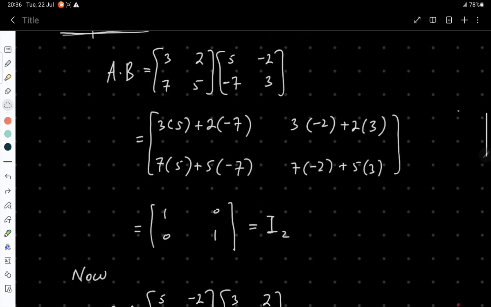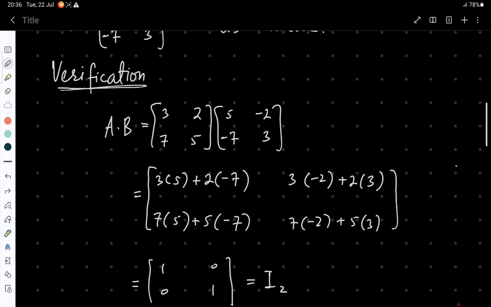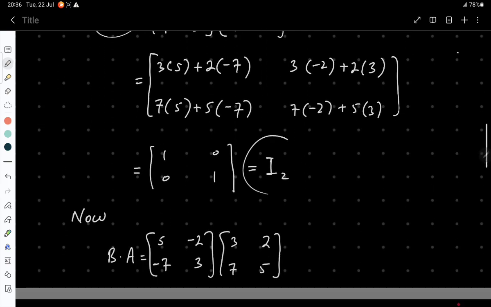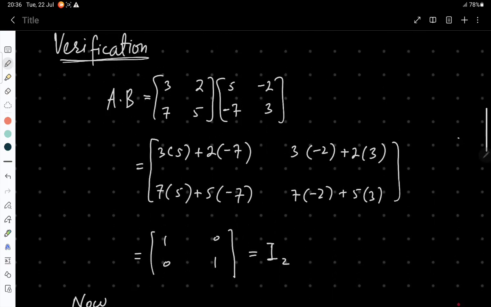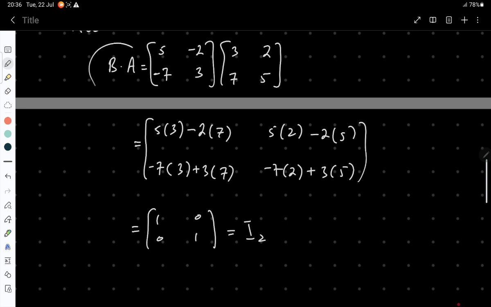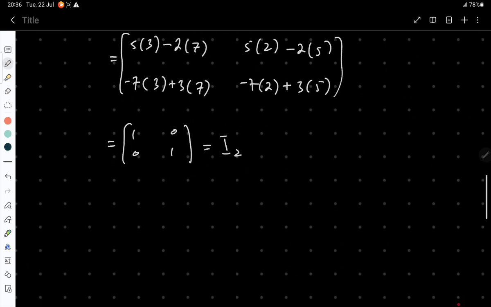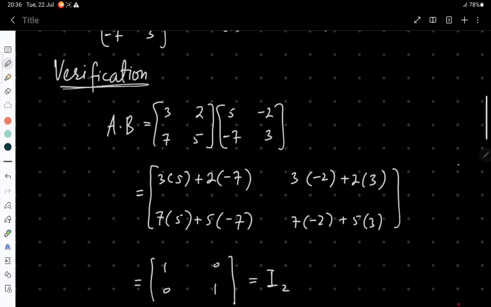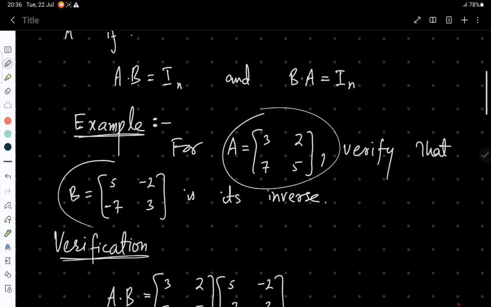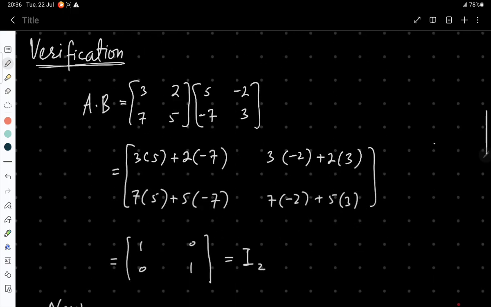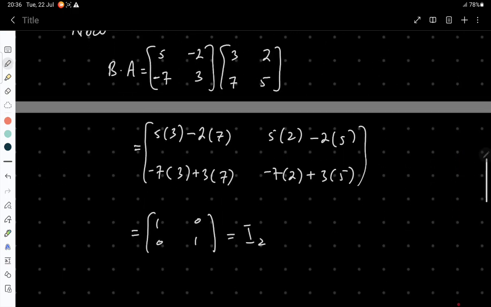So you have checked that when I multiply A with B, I get the identity of order 2, and if I multiply B with A, I again get the identity of order 2. This means that these two matrices are inverses of each other. Hence, this is proved.